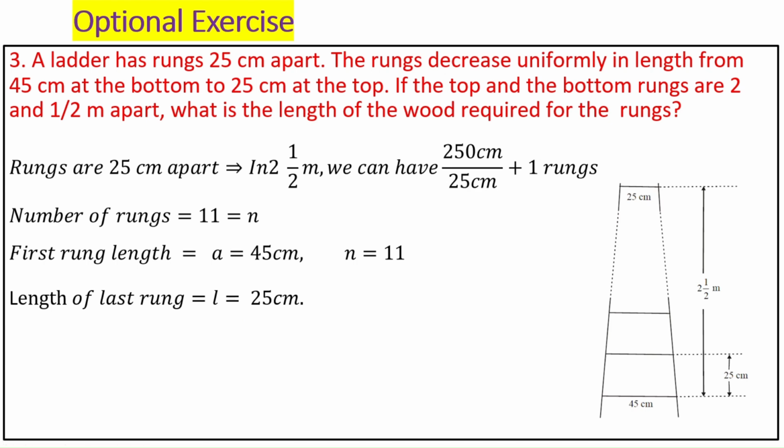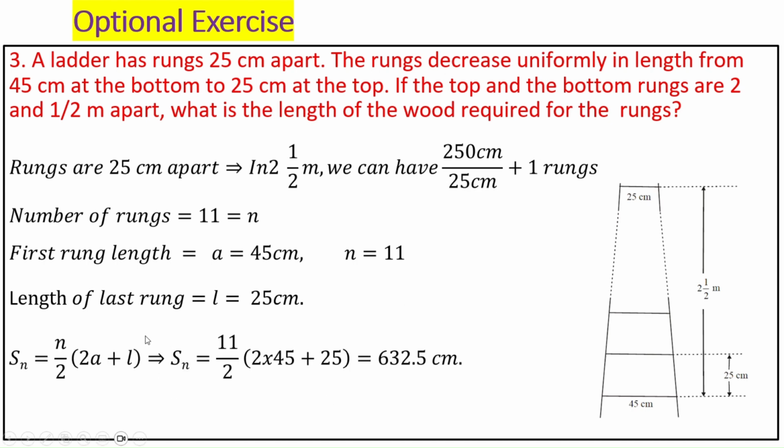Common difference is not required, because for the sum of an arithmetic progression of n terms, we just need first and last terms and n. That is enough. So n by 2 into a plus L, basically.